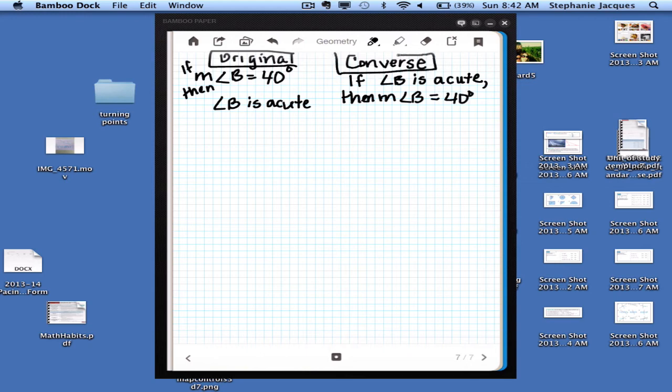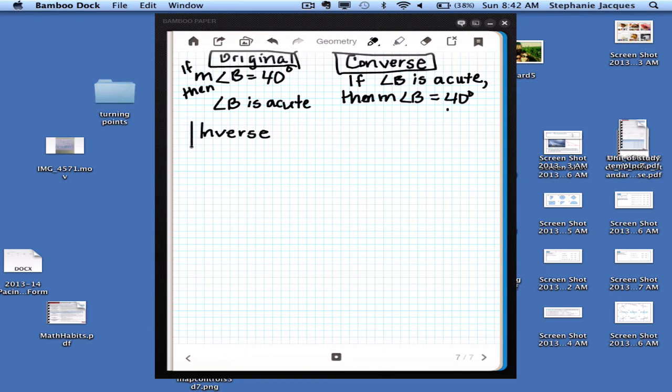The only statement that is true so far, completely true, is the original. And the converse, if angle B is acute, then the measurement of angle B is 40, is not necessarily true because there's many measurements for acute angles. Now, let's look at the inverse of the statement.